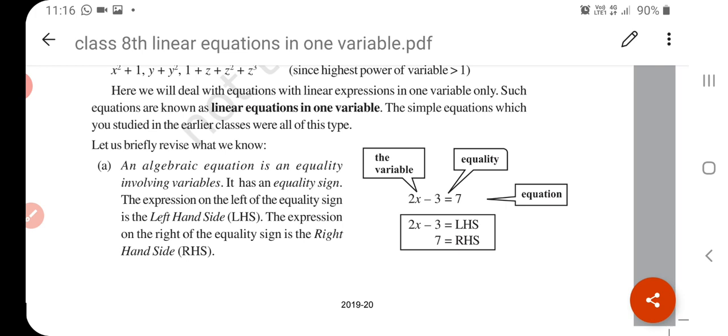Just as numbers, variables can also be transposed from one side of the equation to the other. Occasionally the expressions forming the equation have to be simplified before we can solve them by the usual method. Some equations may not even be linear to begin with, but they can be brought to linear form by multiplying both sides of the equation by a suitable expression.